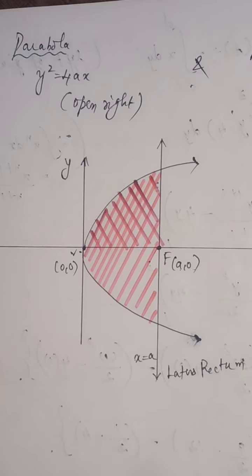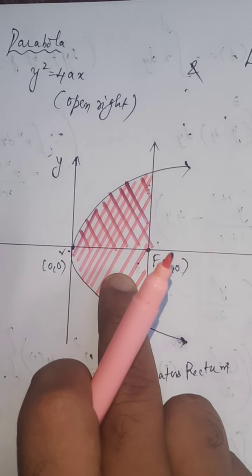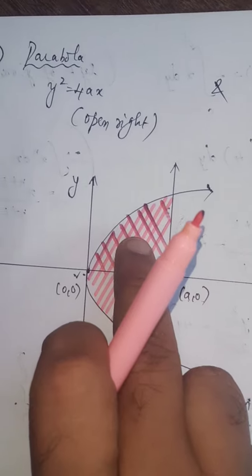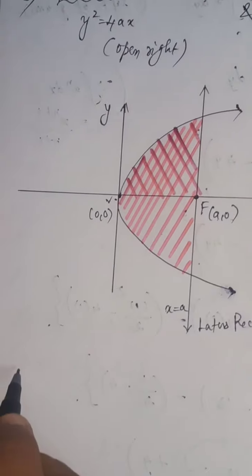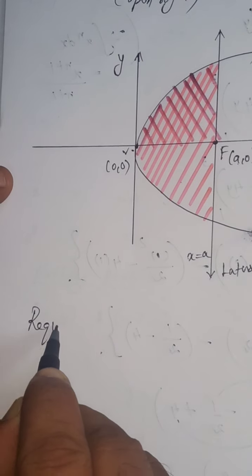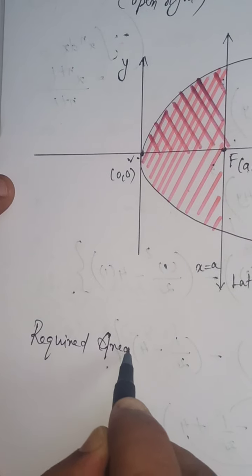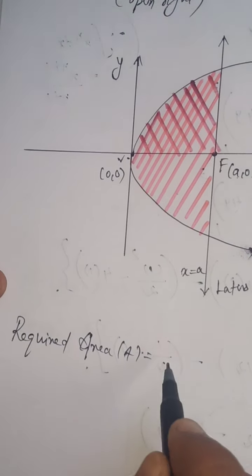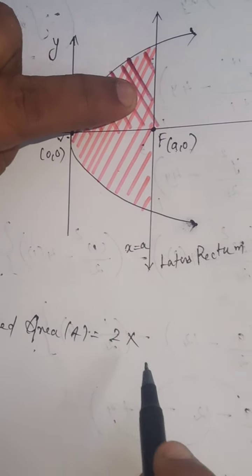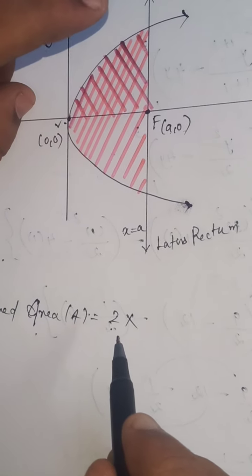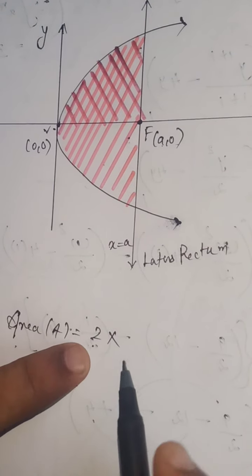Required area equals 2 into shaded area in the first quadrant. Why am I multiplying by 2? Area lies in the first quadrant as well as in the fourth quadrant, same area, so I am multiplying by 2.